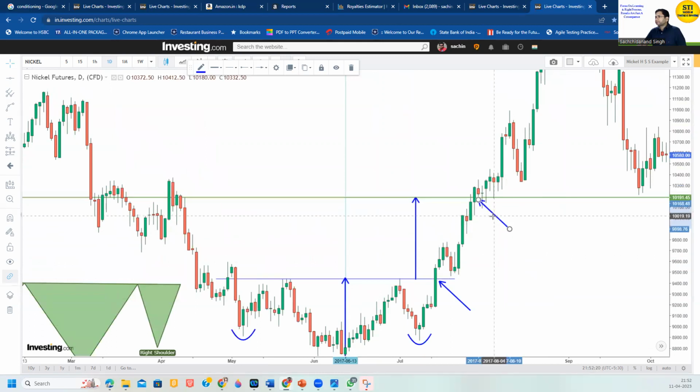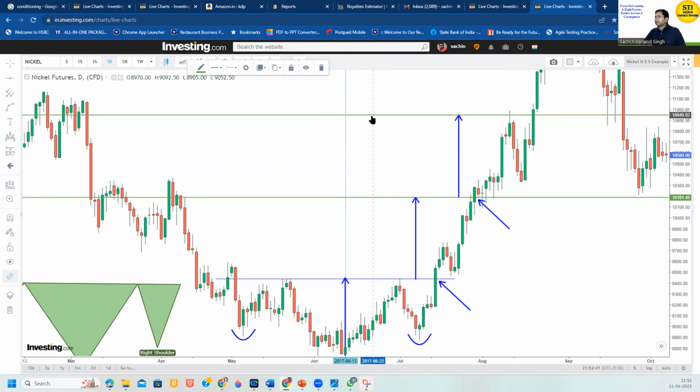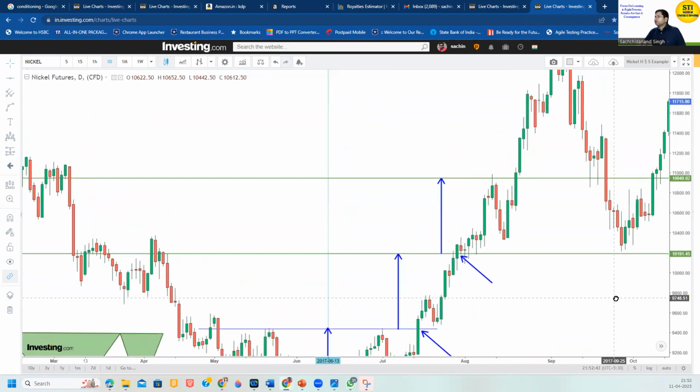If a further breakout happens, then after confirmation of the breakout of this particular green line, there is a high possibility that the price will go at least the same distance one more time.